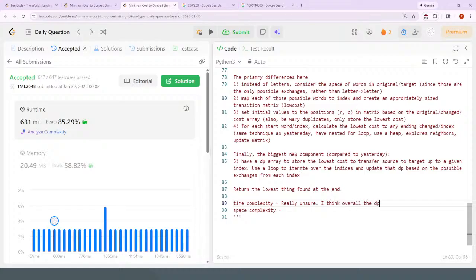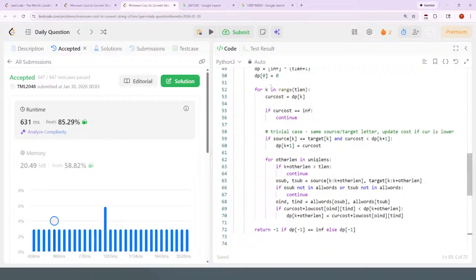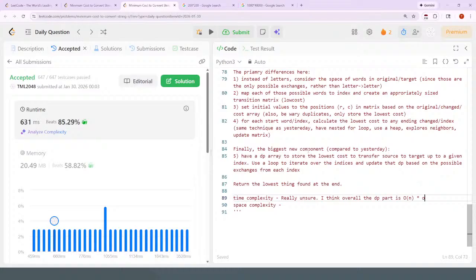I think overall the dynamic programming part is O of n times O of m, where n is the length of the source and target, and m is the sum of the lengths of original plus changed.